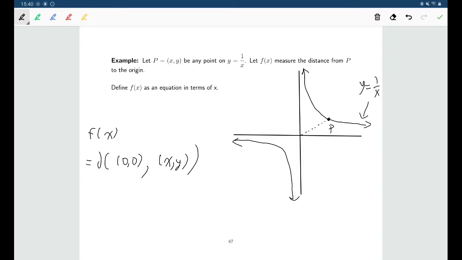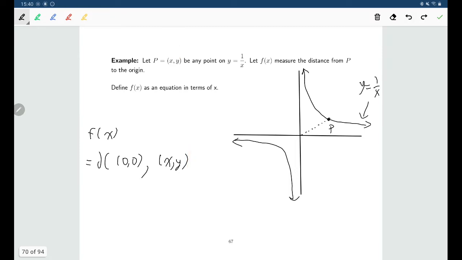The other part is that x and y are not any two numbers that I feel like choosing. Here, x and y are related to each other. If we're thinking about relationships between the first coordinate and the second coordinate, since it's a point on that curve of y equals 1 over x, then whatever the x value is, the y value needs to be 1 over that x value.